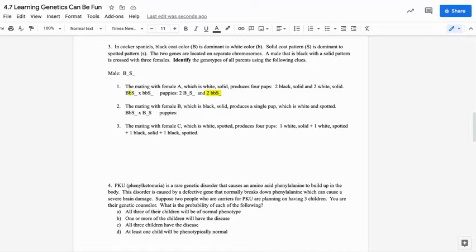They produce a single pup, which is white. Ooh, and spotted. Okay, that's interesting. So one pup, but that one pup is revealing some other information, right? So not shocking, but this is a little revealing, yes?